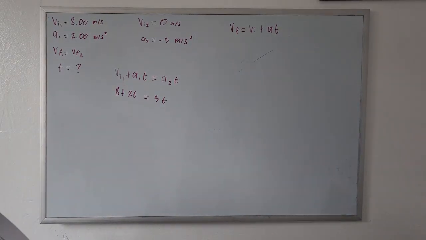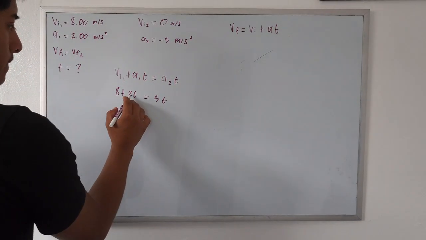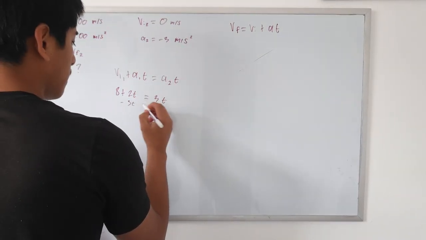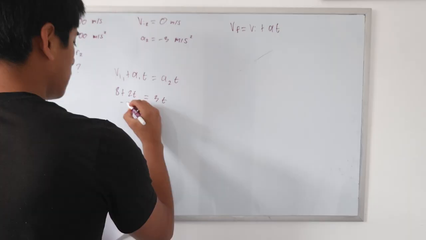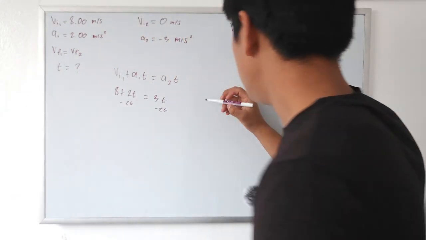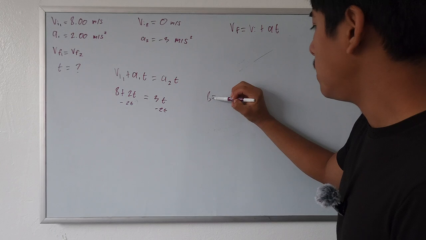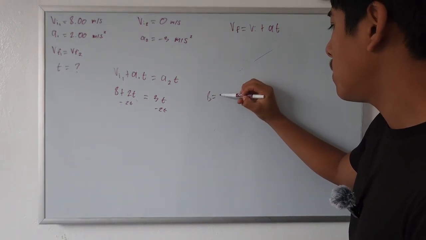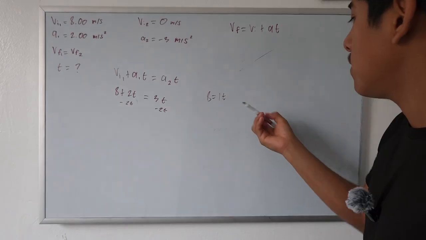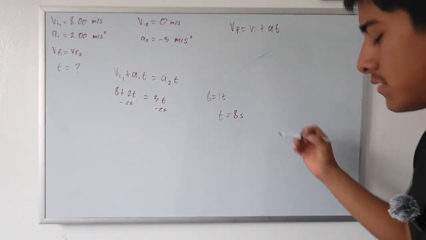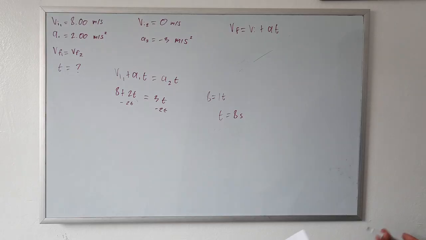Now we get all the t's on one side. So we subtract 2t, and you end up with 8 equals 1t, and that's just t equals 8 seconds, and that is your final answer.